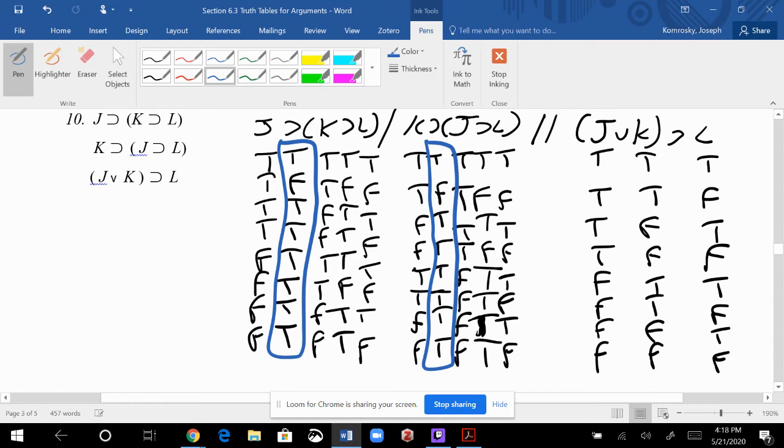And then we'll do the same for this one over here. Do the parentheses first. And this one is a wedge. Yeah, okay. So at least one side has to be true.